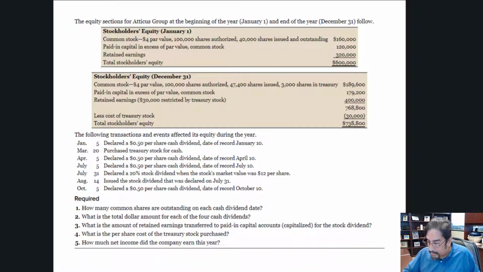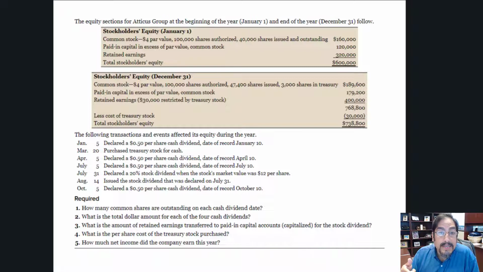This is our last problem. Here we are, Atticus Group, and we've got stockholder equity balances at the beginning of the year, January 1st, and the end of the year, December 31st. Common stock 160 went up to 189,600, so something happened in common stock.